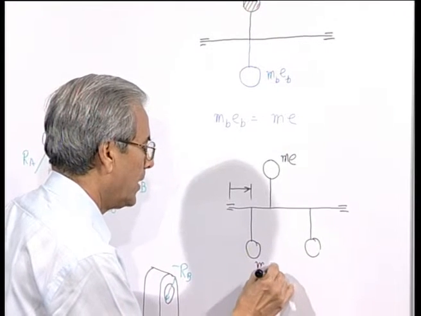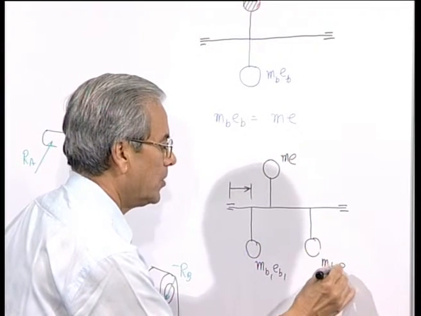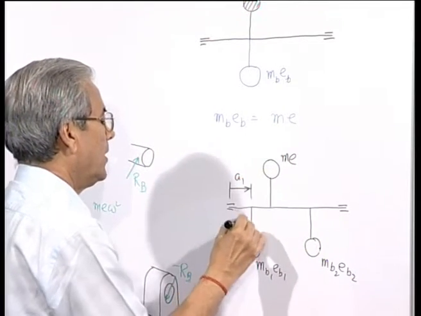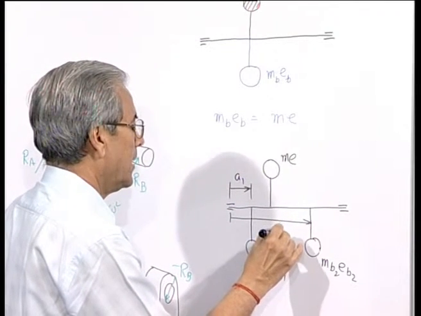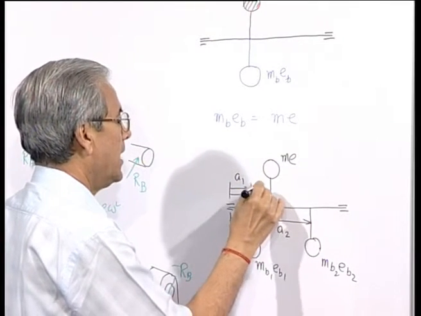This distance is A_1, this distance is A_2, and this distance is A.